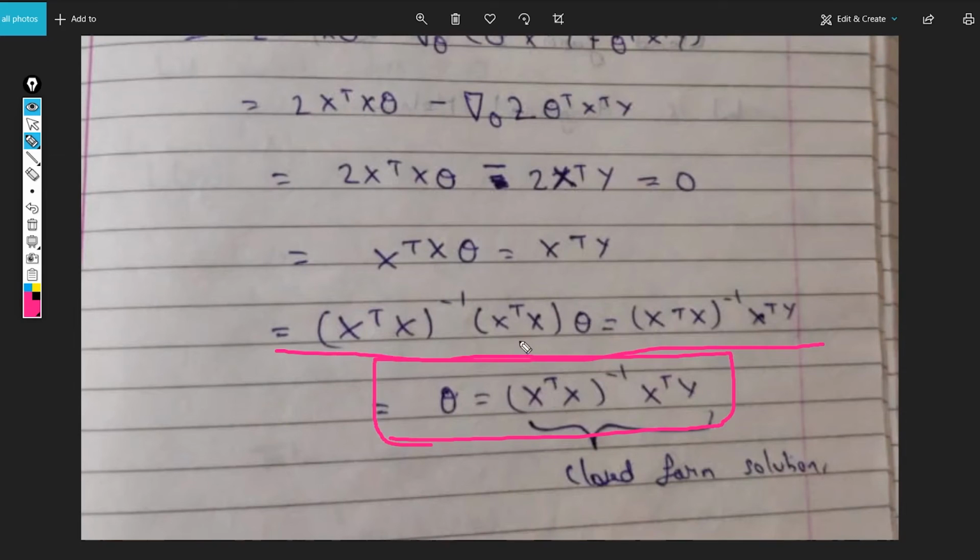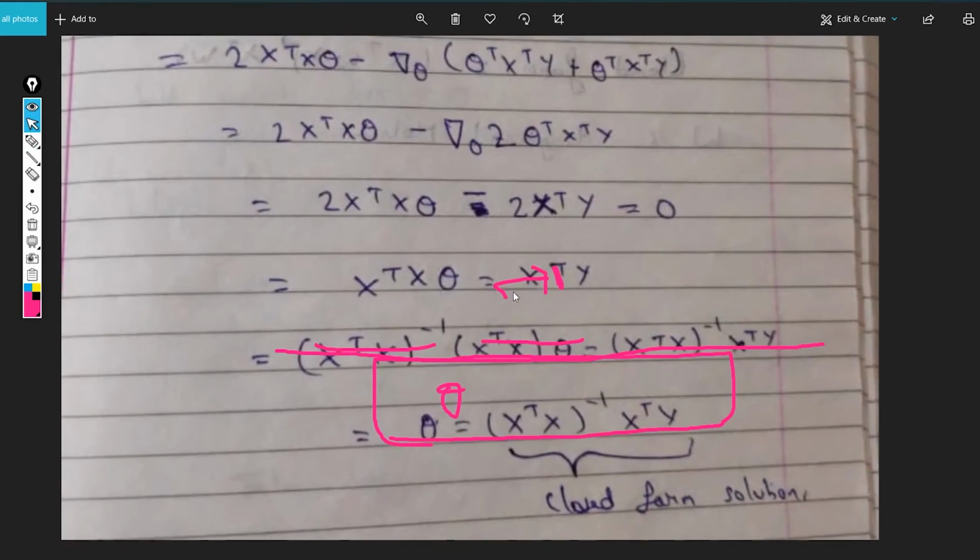The reason that we will have this formula is because if you will multiply this with this, then the output is going to be 1, and we will be left with theta equal to x transpose x whole inverse multiplied by x transpose y.